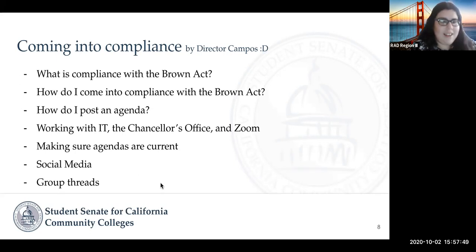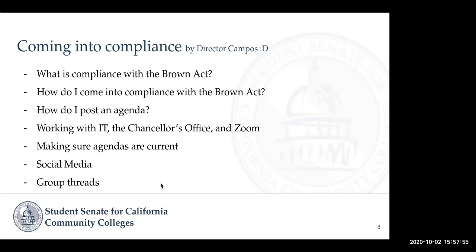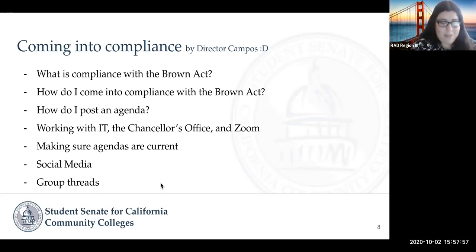You want to avoid that, as well as daisy chaining, which is when one person reaches out to another person about a business item, and then that second person reaches out to another, and the chain keeps going. That is another way that you could violate the Brown Act, and you want to make sure that you avoid it.